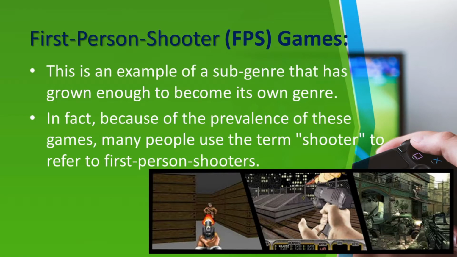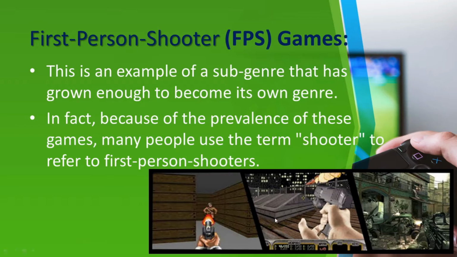So what's the main differentiation between your FPS and your shooter games? In FPS, what's different is the point of view. In first-person shooter, your point of view is in first person, meaning it seems you are the character in the game. Whatever your character sees is what is displayed on your screen.